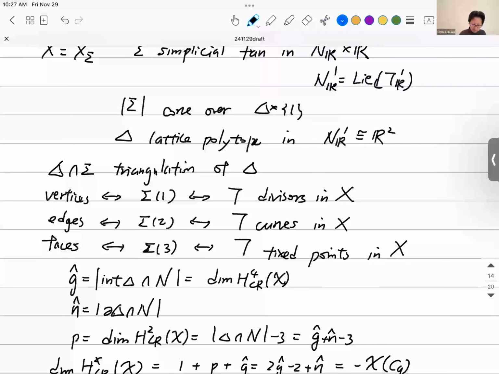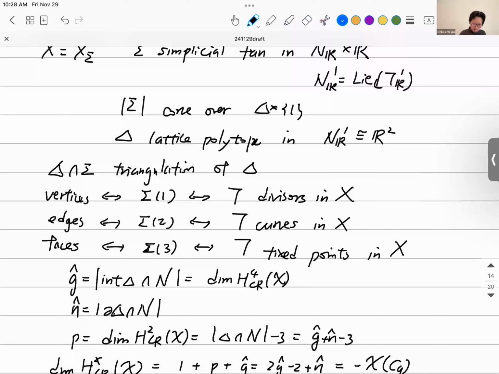So now there's a polytope. Basically you consider this three-dimensional fan: the one-dimensional cones, the rays, will intersect this polytope at points. The two-dimensional cones will intersect this polytope along edges, and the three-dimensional cones will intersect this polytope in triangles.